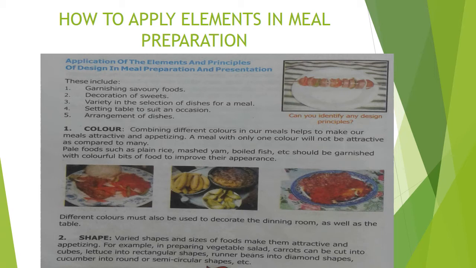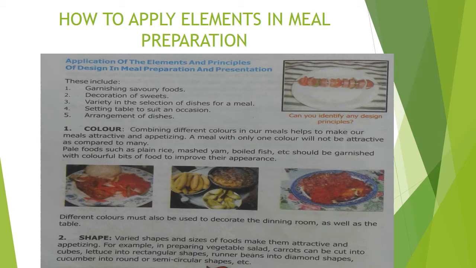Now we move on to shape. We said that various shapes and sizes of foods make them attractive and appetizing. For example, in preparing vegetable salad, carrots can be cut into cubes, lettuce into rectangular shapes, runner beans into diamond shapes, and cucumber into round or semicircle shapes.